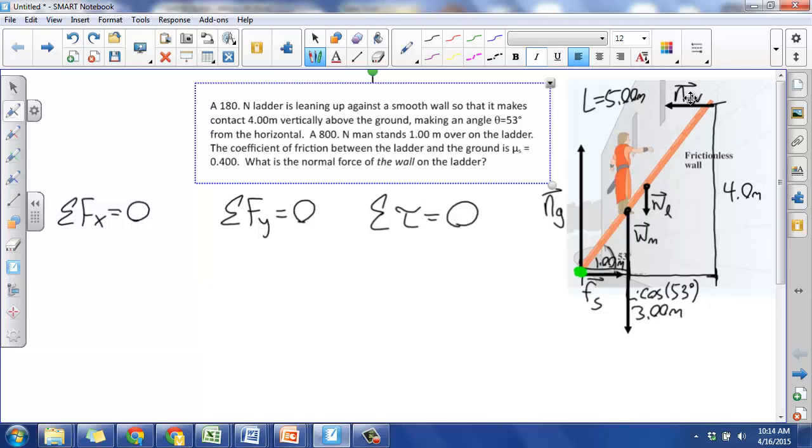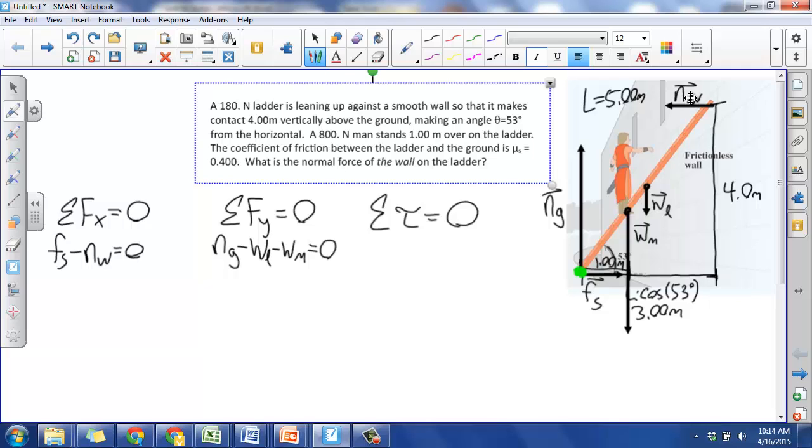Okay, so we'll write down our equations. Sum of the forces in the x direction. We have a friction force minus normal force by the wall is equal to 0. For the y direction, we've got a normal force by the ground minus the weight of the ladder minus the weight of the man is equal to 0.